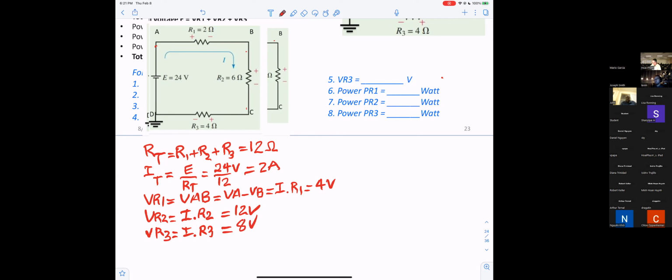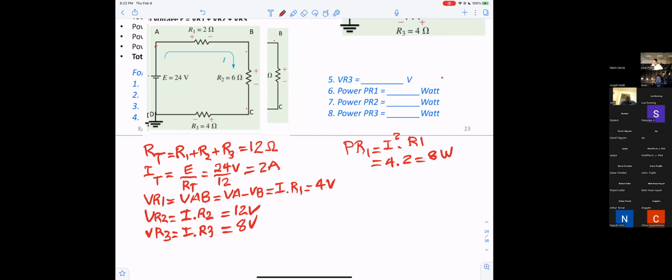If you want the power PR1, it is I squared R1. I squared is 4 times R1, which is 2, so 8 watts.